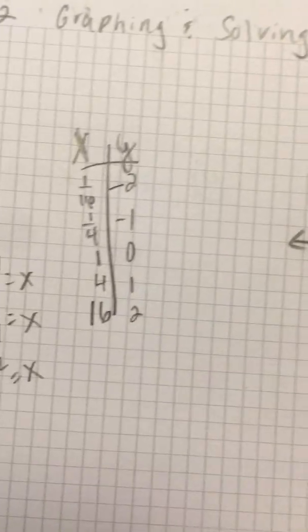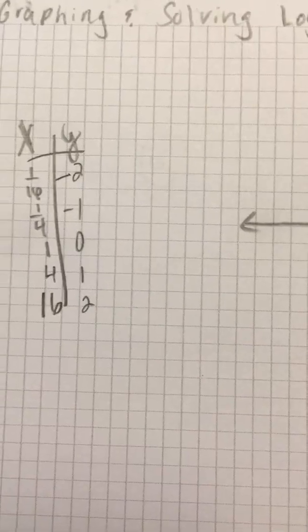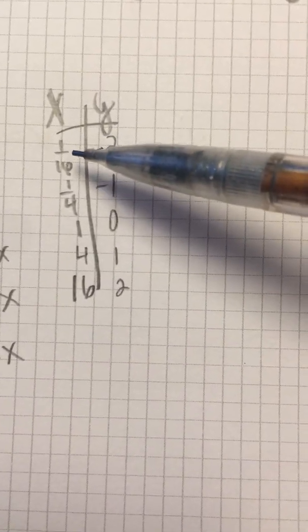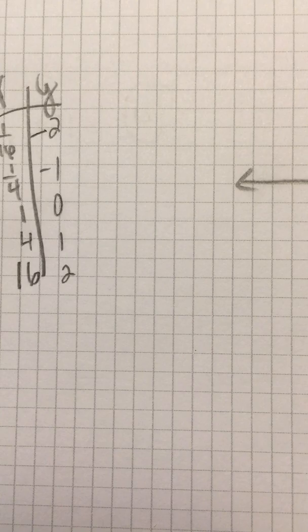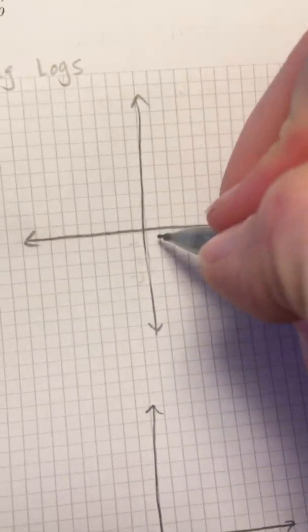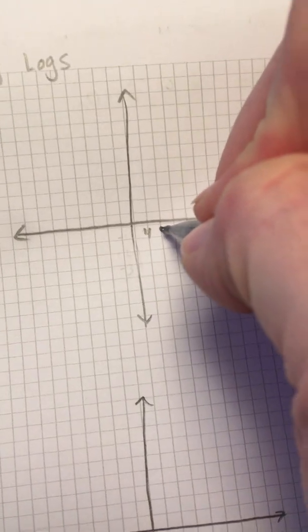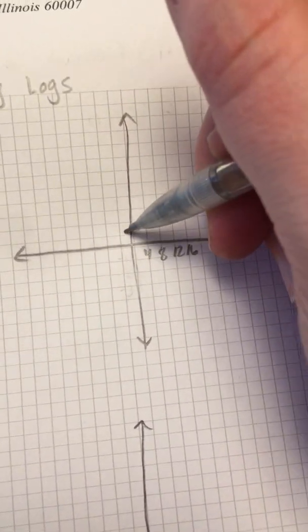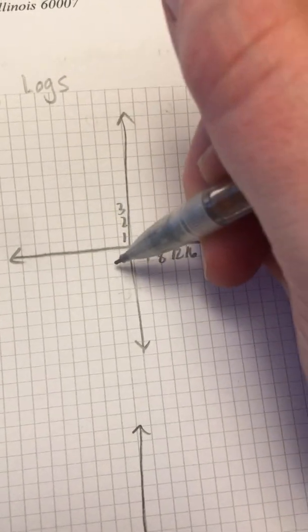Now I'm ready to graph. So in this case, I'm going to keep my y-axis counting by ones, but on the x, I'm going to count by maybe 4s. So on the x-axis, I'm going to count by 4s. And on the y, I'm going to still count by 1s.